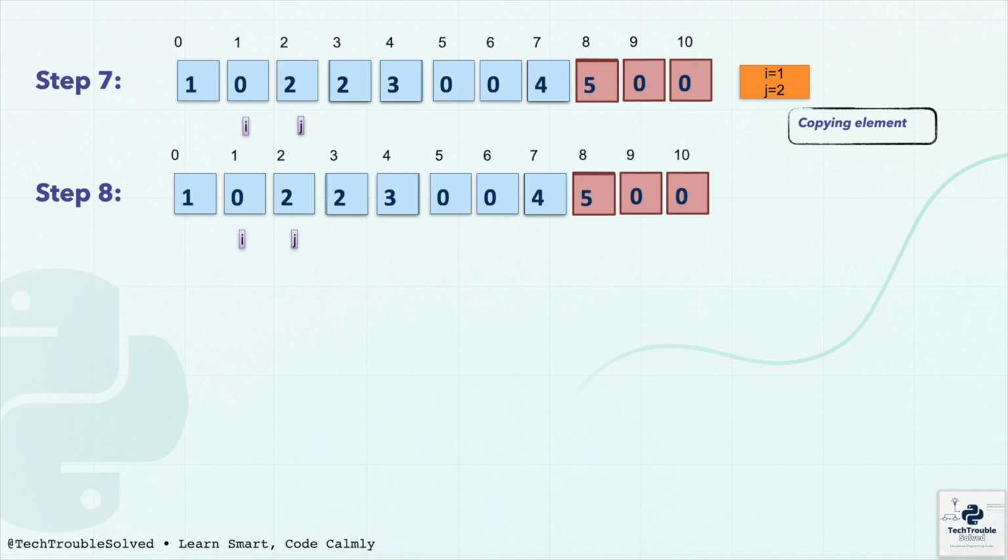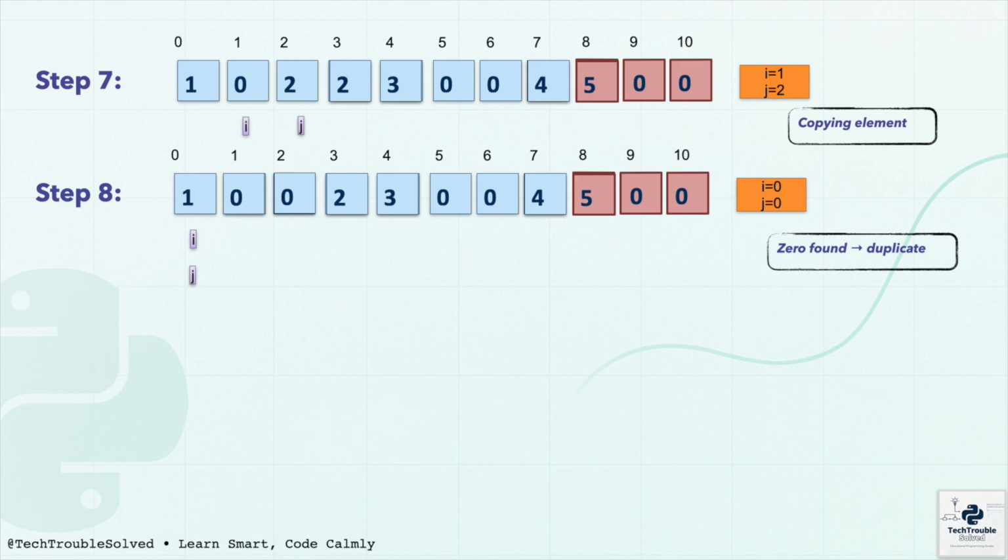I at 1 now points to a 0. So duplicate it to j at 2 and j minus 1 at 1. After duplicating the zeros, finally I will move one step back to index 0 and j will move 2 steps back to index 0. So at the end of step 8, I's position will be 0th index and j's position will be 0th index.